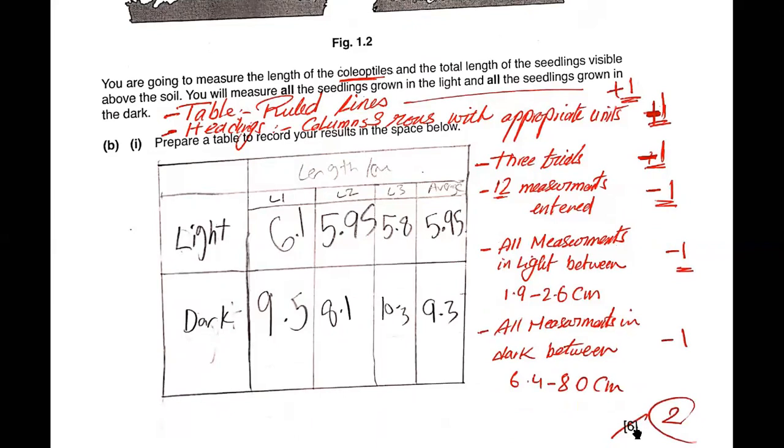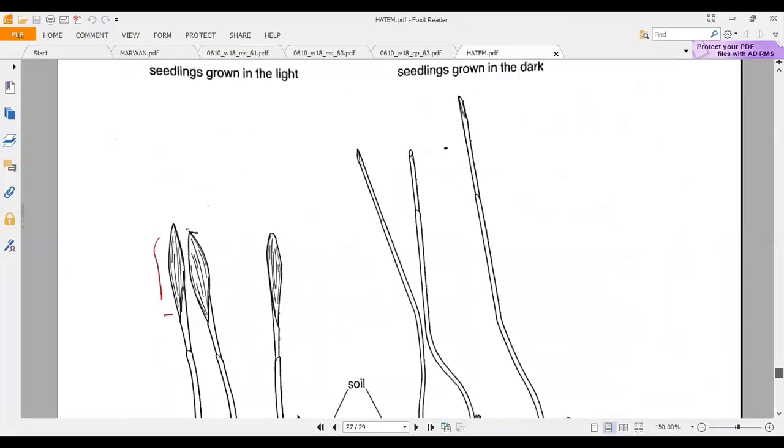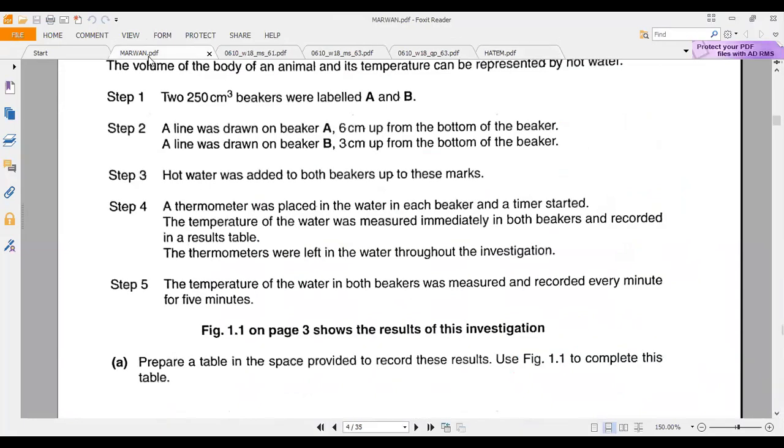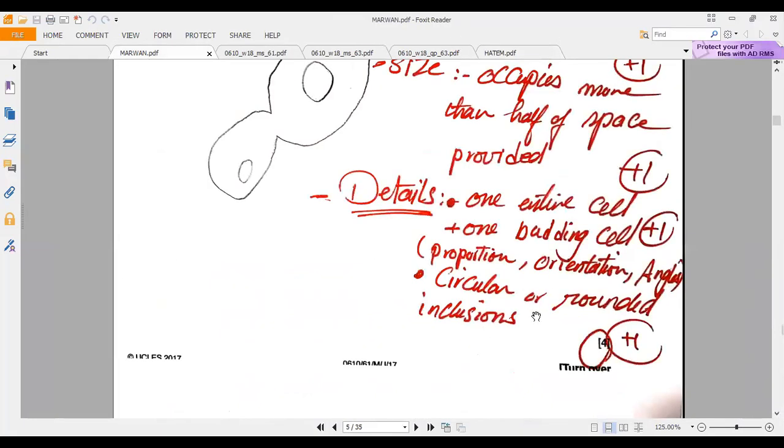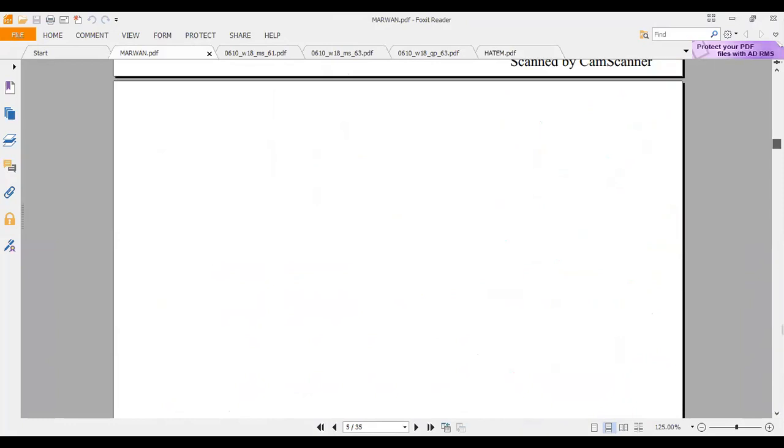And he gave him here 2 conditions in order to complete the 6 marks: the measurement in the light should be in between so and so, and in the dark should be in between so and so. But he did not follow the rules, so he was penalized. But if we can see, for example, a good attempt for a table of 4 marks, or 5.